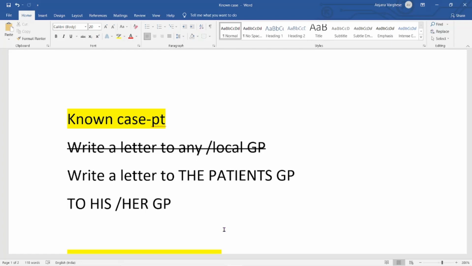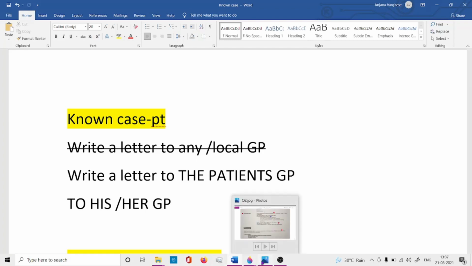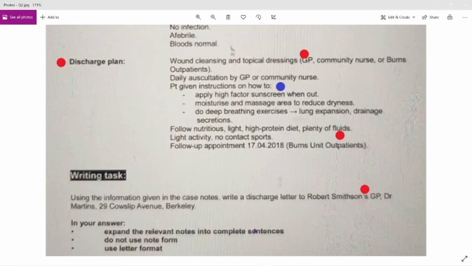First of all, in the writing task, I will show you the writing task now. Suppose this is the writing task. In the writing task they will mention something like, write a discharge letter to Robert Smithson's GP.